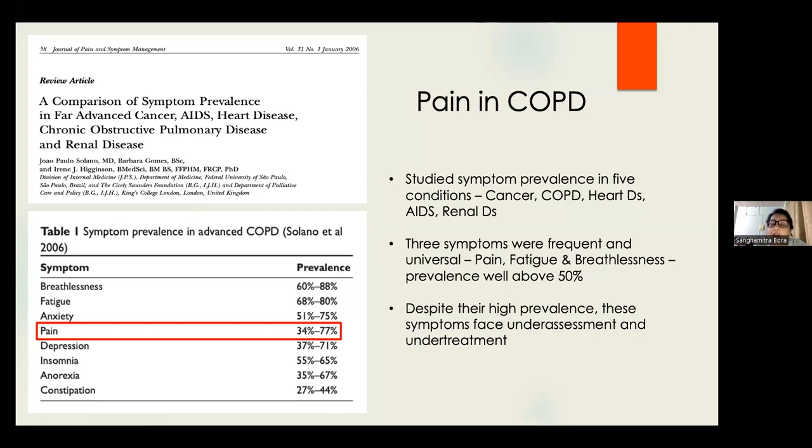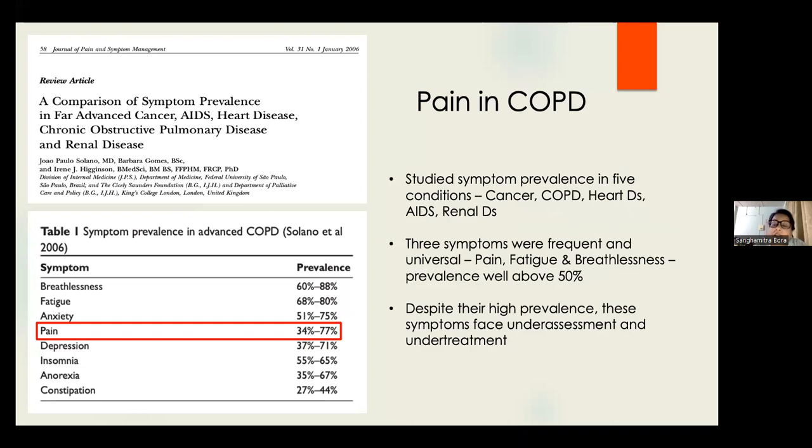The paper says that 3 symptoms have been frequent and universal in all these diseases, including COPD, which are pain, fatigue, and breathlessness. And the prevalence has been well above 50%. So you understand how important it is for us to take care of the pain in respiratory diseases.